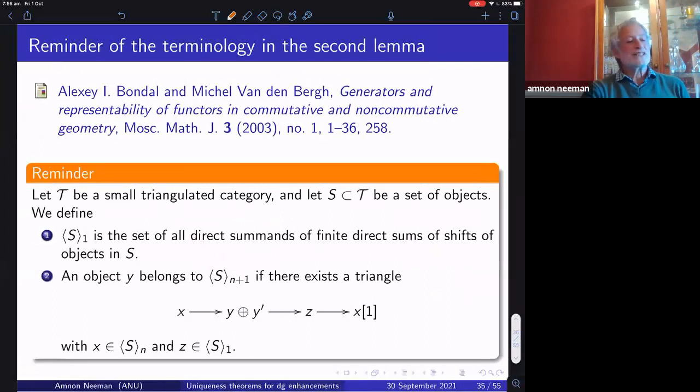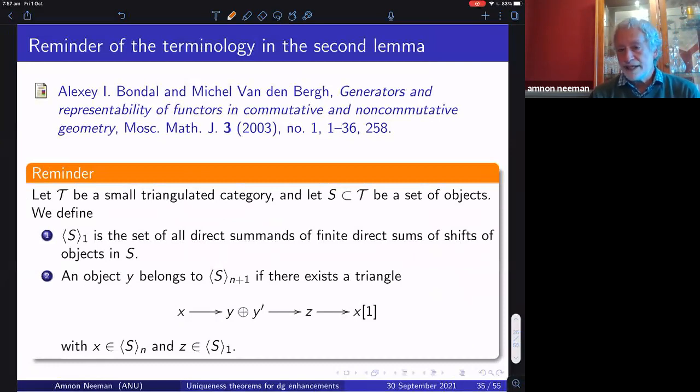What does it mean to say that a category is generated by a subcategory in 3 steps? This follows a definition of Bondal and Van den Bergh.